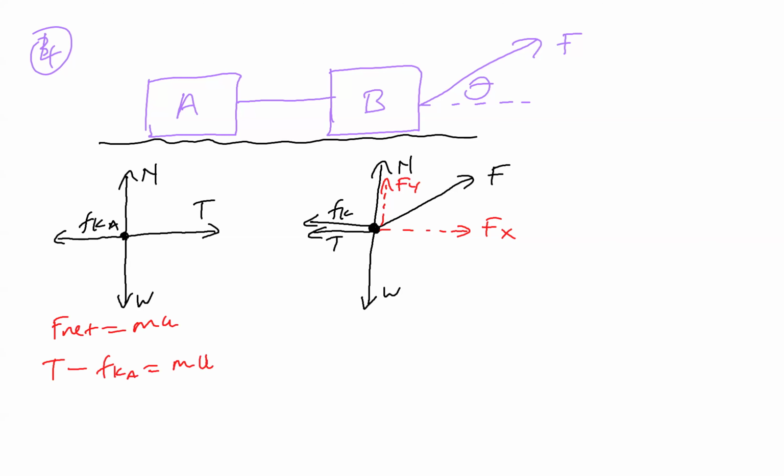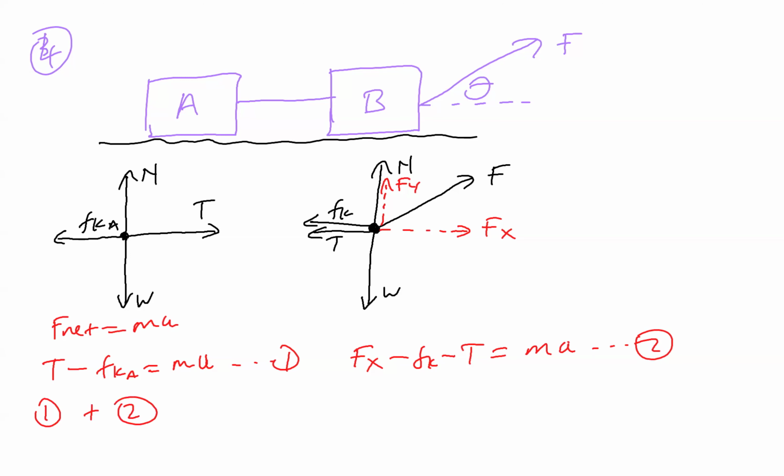On the other one, Fx minus Fk minus T is equal to Ma. Can you see we have two equations here, ne? After you do your substitution, you are going to say equation 1 plus equation 2. Here we use the elimination method.